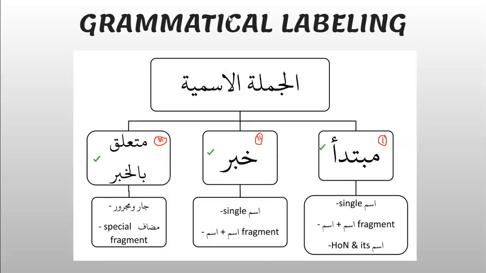But to remember one thing, to identify mubtada: the first rafa you find in any sentence is your mubtada. You are reading any sentence in Arabic, and the first rafa you come across is the mubtada. It is the thing that is being described.